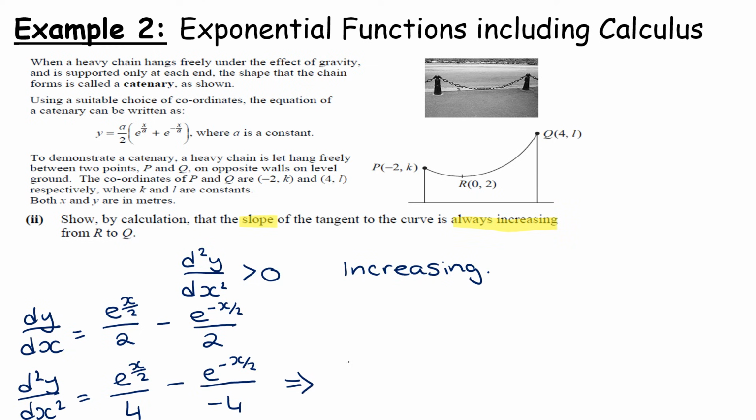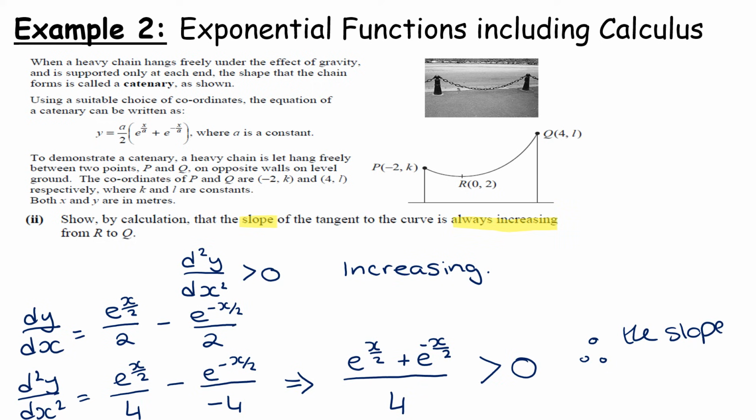So this ends up as e to the power of x over 2 plus e to the power of negative x over 2, all over 4. What I've done is changed the second fraction to a positive because it's minus and there's a negative at the bottom. Now, this will be greater than 0. Therefore, the slope of the tangent is always increasing.